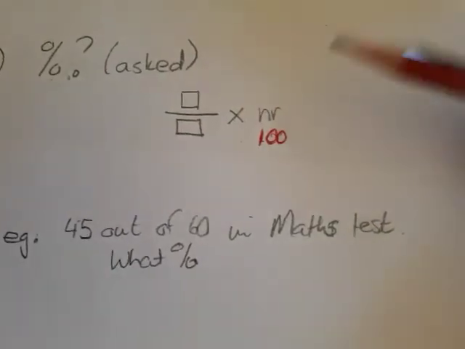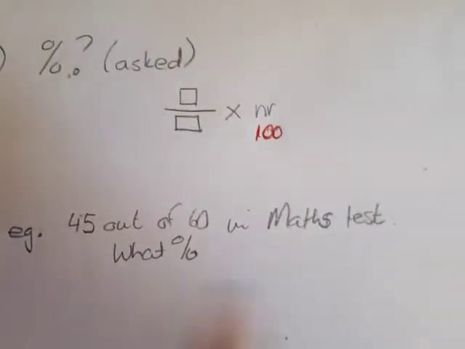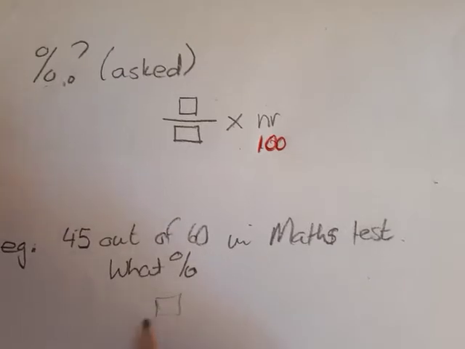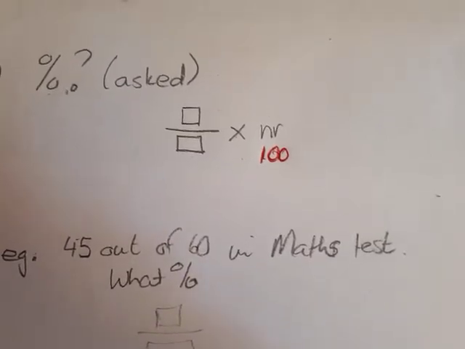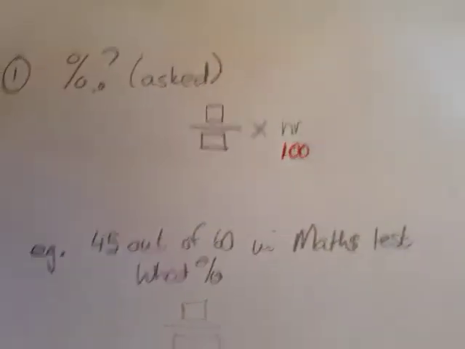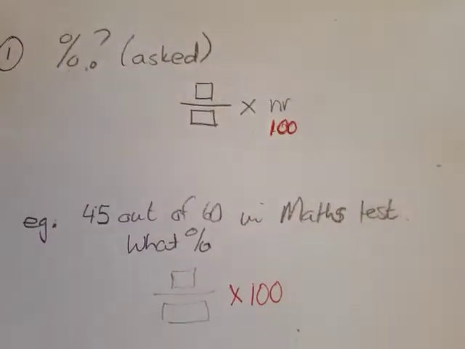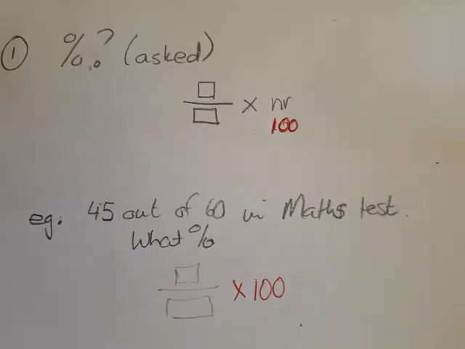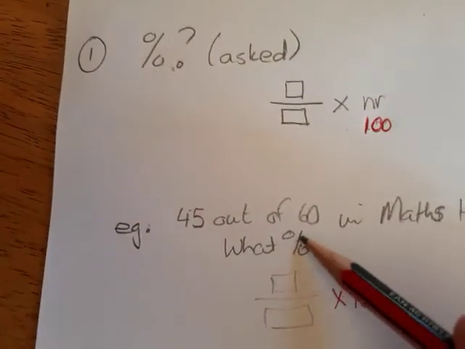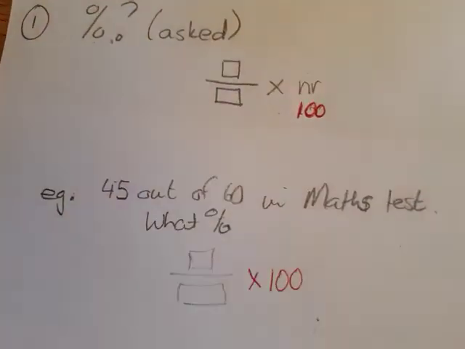Okay, now let's look at this number sentence. You have to have a fraction, and you have to multiply that by 100. You have to multiply by 100 because your answer must be a fraction out of 100.